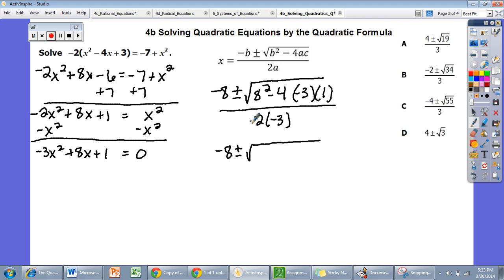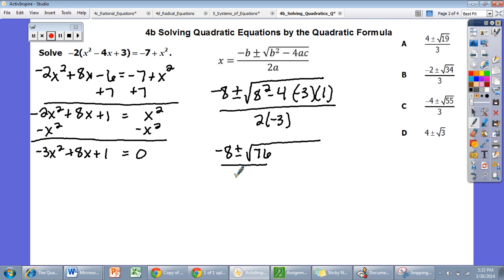I do recommend writing this part out first, but then typing in 8 squared minus 4 times -3 times 1, and this should give you 76. You are going to want to make sure that you are not making a sign mistake here. Sometimes that can be the biggest mistake of all. And that's why I recommend, once you have everything written out, type in 8 squared minus 4 times -3 times 1.